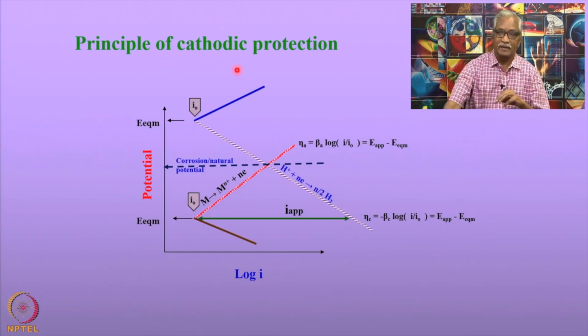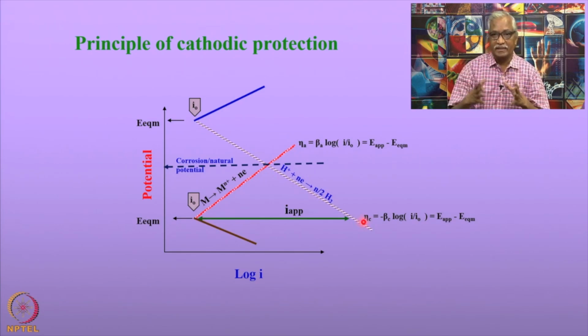This is an Evans diagram you have seen before, between the potential and the log current density for a corrosion reaction. The corrosion reaction involves the anodic dissolution of the metal and a cathodic reaction occurring on the metallic surface.